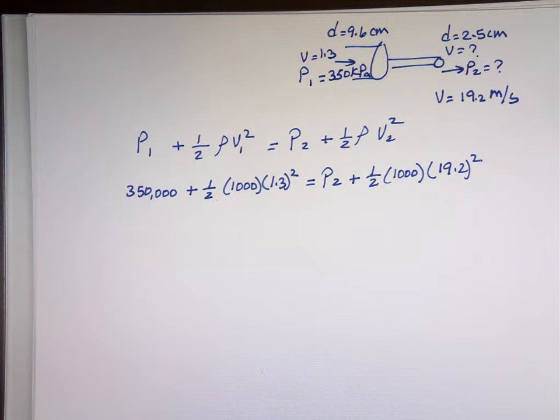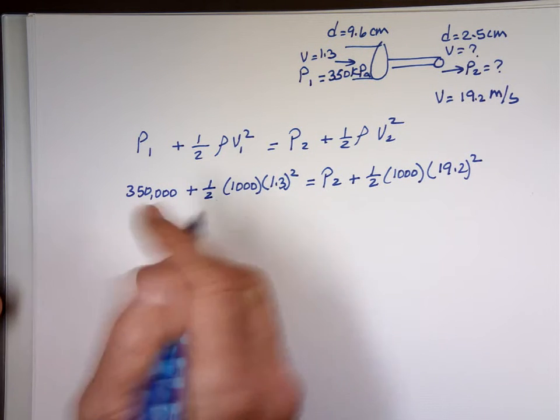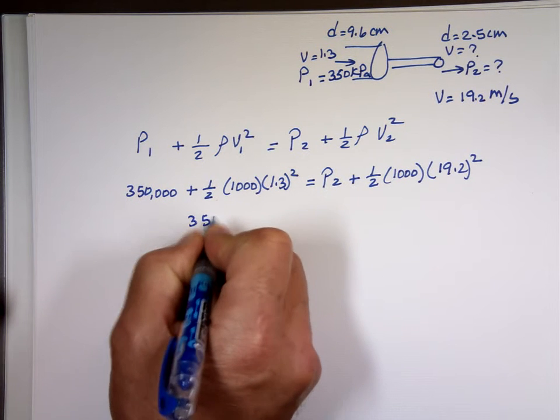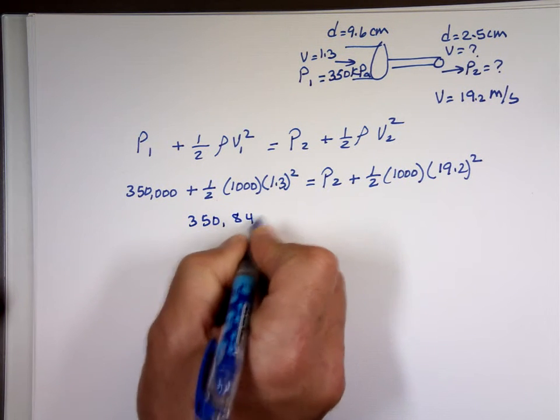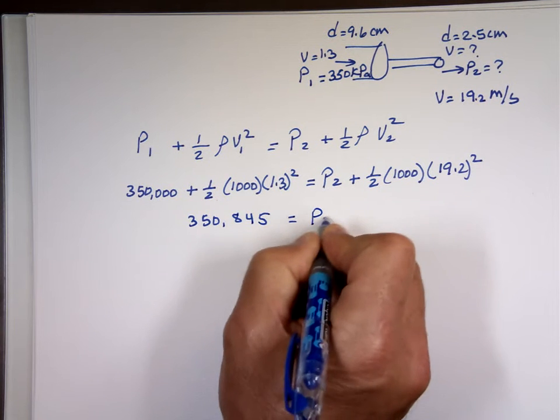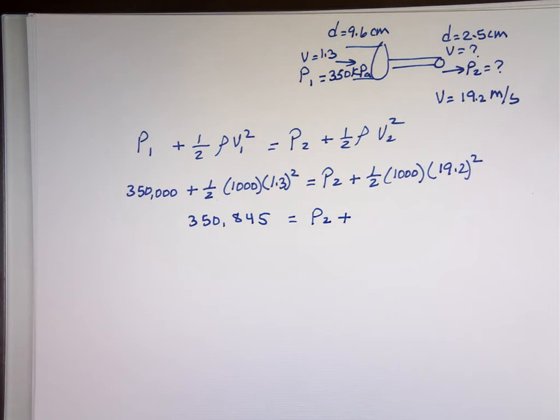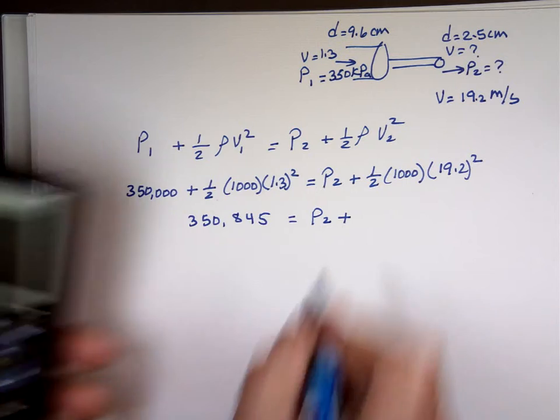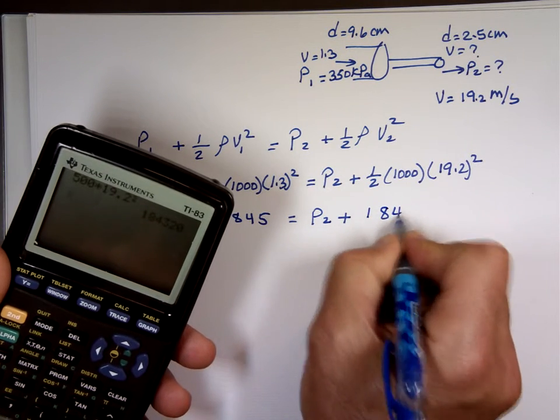Oh, forgot to turn on. Clear. The left side is equal to 350,845. The right side equals 184,320.